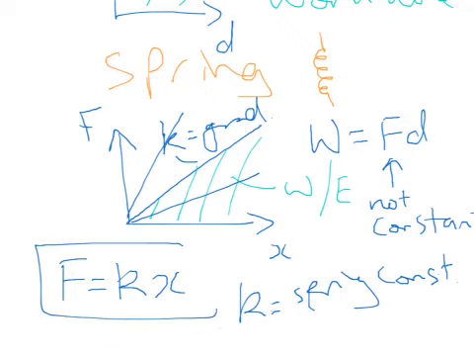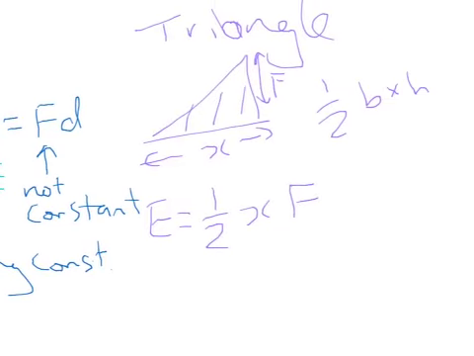But this formula here, we can take this F equals kx and use it over here, substituting in for F, and that's going to give us another formula which makes things a little bit easier on us.